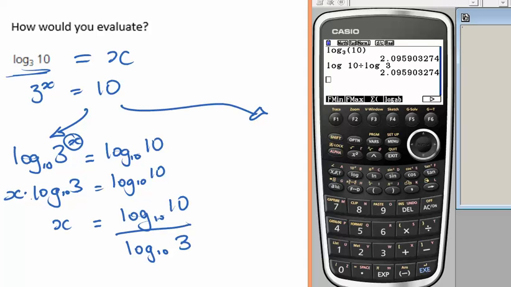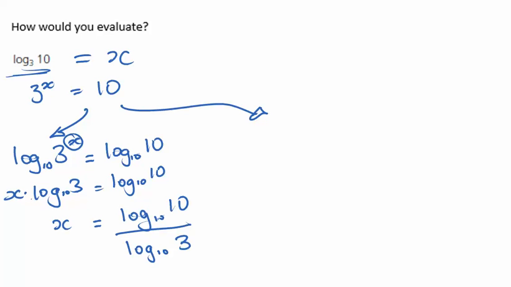Now then, I chose in this case to use log base 10, but I could have chosen any base. And I'm going to use a different base that we can find on our calculator, which is log to base e. So I'm going to rewrite this equation. If you remember, I've got 3 to the x equals 10, and this time instead of taking log base 10, I'm going to take log base e.